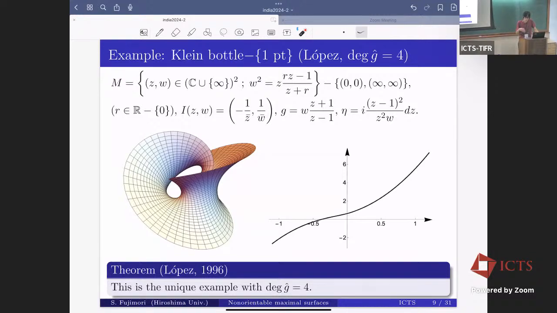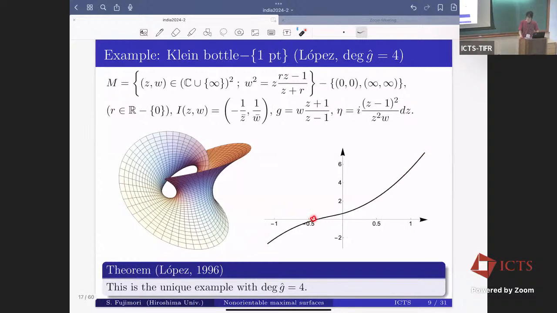The method is pretty similar, but in this case, by using the symmetry of the surface, he reduced the period problem to one real equation with one parameter R. And then he showed that the graph of such a polynomial is monotonically increasing. When R goes to minus infinity, this value is negative, and when R goes to plus infinity, this value is positive. So there exists a unique solution. This is his method for proving the existence.